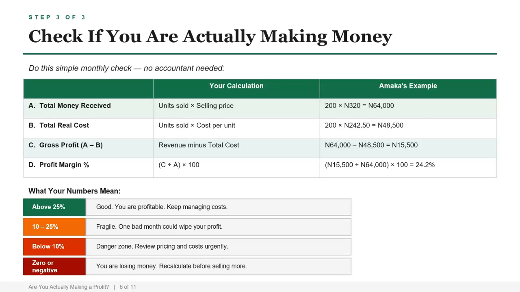All right. The whole idea of making sales is not just to rack up numbers, not just to have a lot of money being received. It's that you want to make profit. As a solopreneur, as a microbusiness owner, you also want to use that money to finance the business and also take some for yourself, if you're paying yourself a salary, which is advisable.